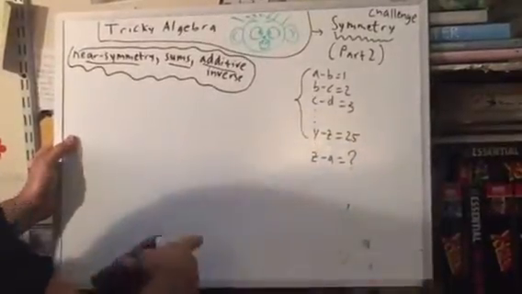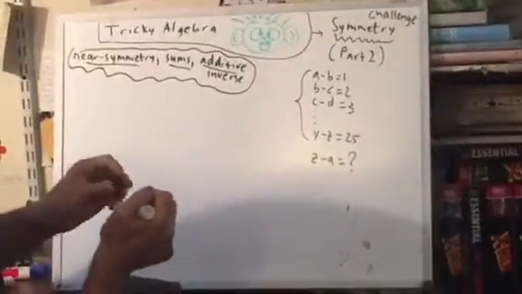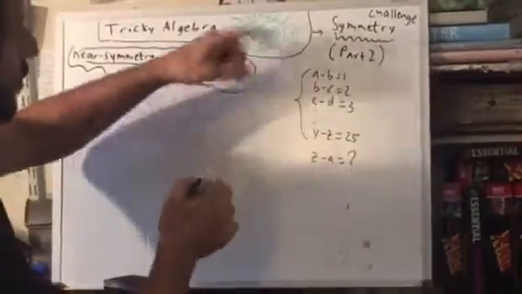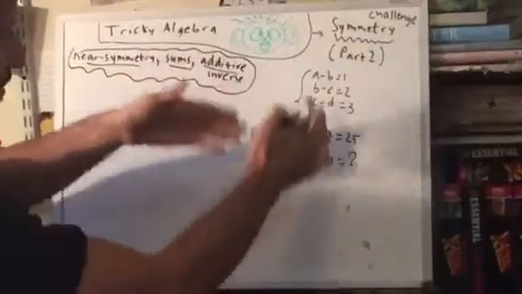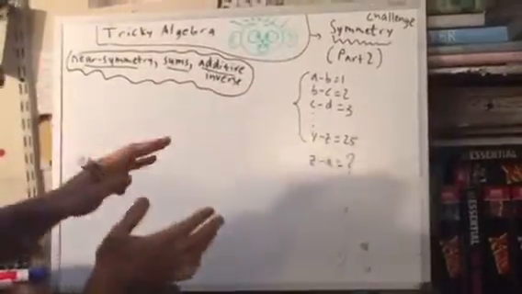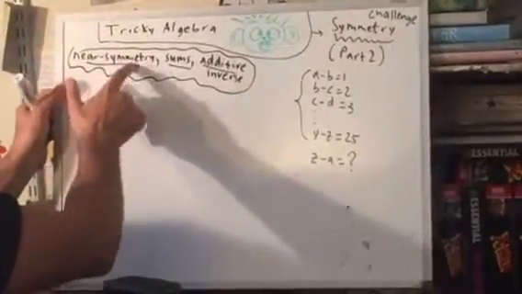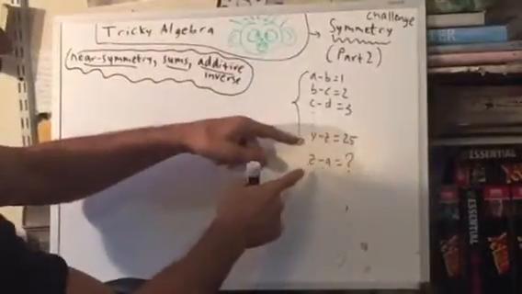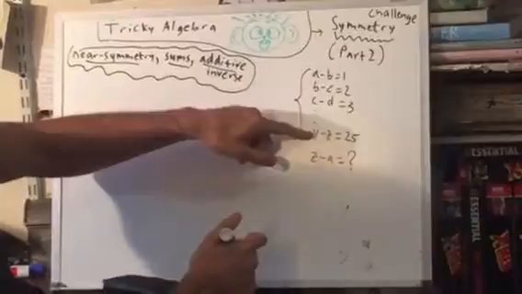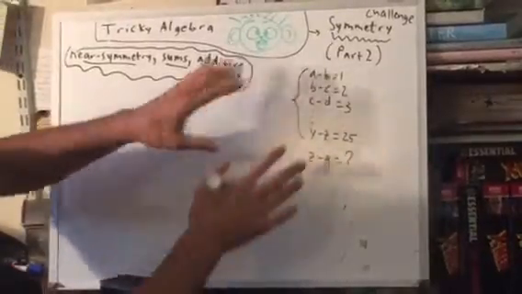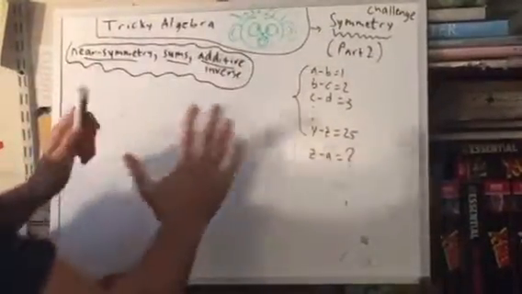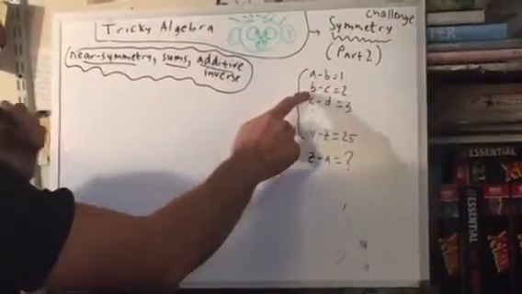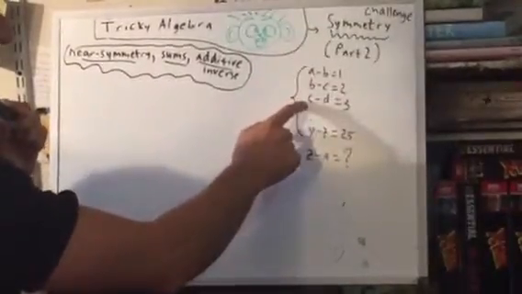So using our previous symmetry skills, if we take a look at this, it sort of looks symmetric, like everything tends to reappear like it's cycling somehow. It's not exactly symmetric, so I'm calling it near-symmetric. But for example, we would need another equation for it to completely loop to have a z minus a, so it's not exactly symmetric. So what we're going to do is notice, hey, that's a -b, that's a positive b, that's a -c, that's a positive c.